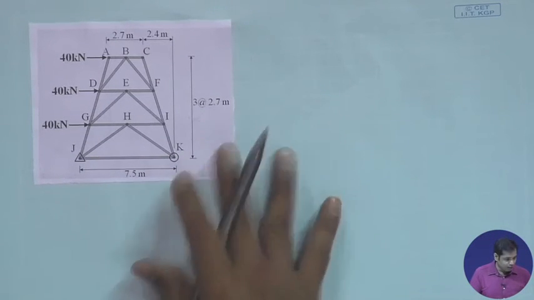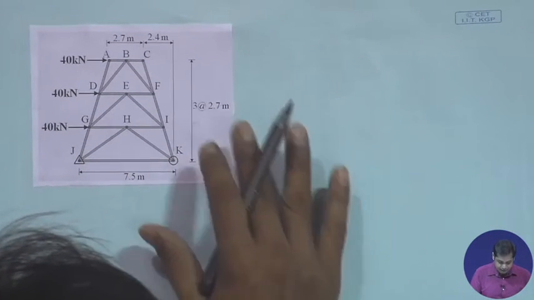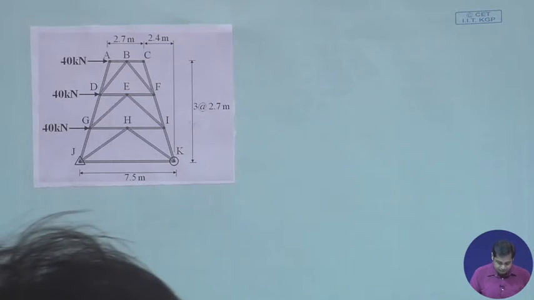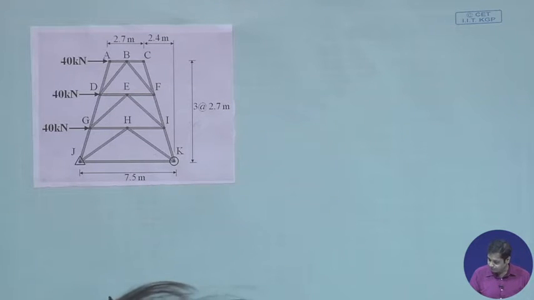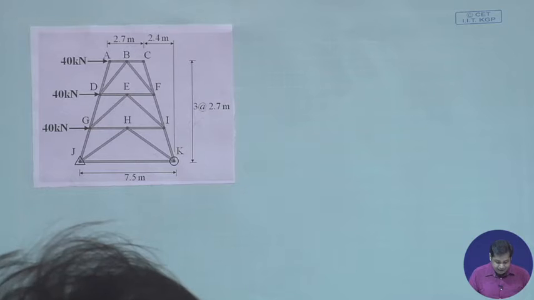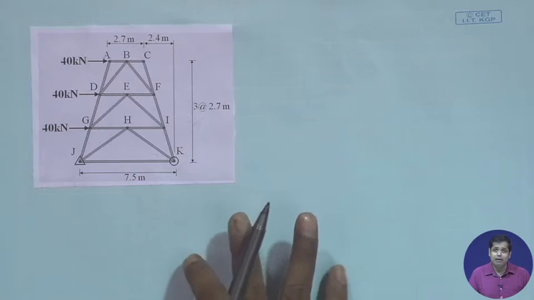But let us see how this can be determined using method of sections. As I said earlier, for a problem, the best possible way is to apply both. Wherever you need, apply section and then apply joints as well in the same problem. It is a demonstration of that.